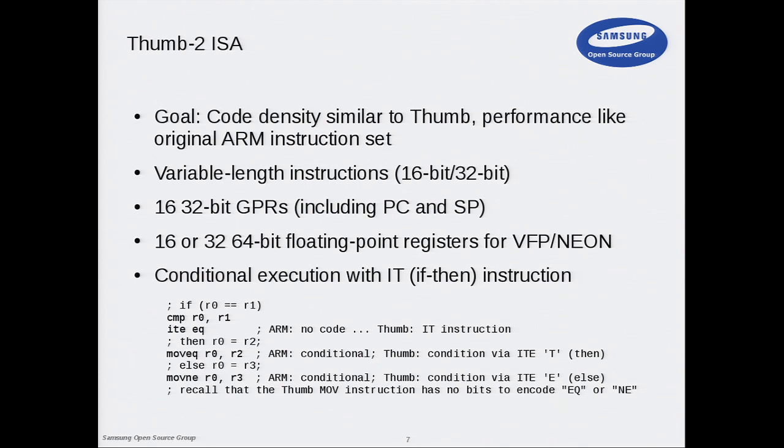I have a small example here where we have this if condition, then the if-then instruction, and then two moves, one predicated on equals, the other predicated on not equals. That's a very compact way to map this if statement to ARM machine code.